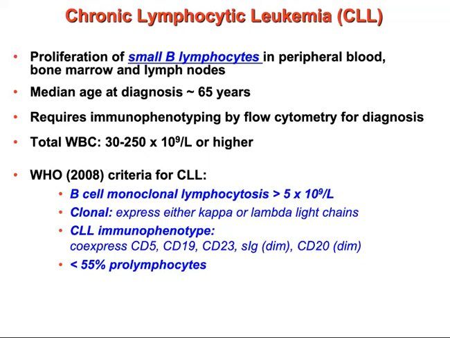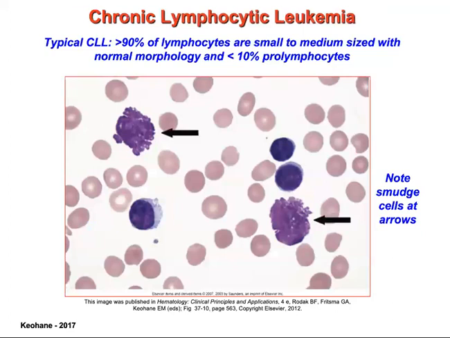These B cell lymphocytes are expressing either kappa or lambda. That's a big clue. You're like, oh, I see either kappa or lambda, so there's something going on here. And the co-expression of CD5, 19, 23, surface immune globulin, and CD20, and again, less than 55% pro-lymphocytes.